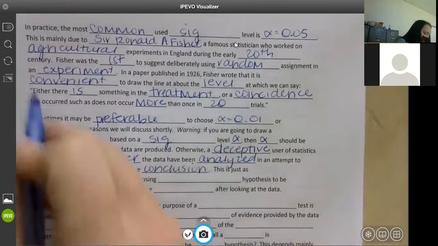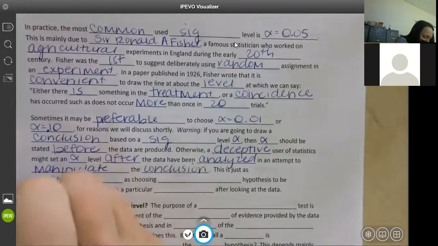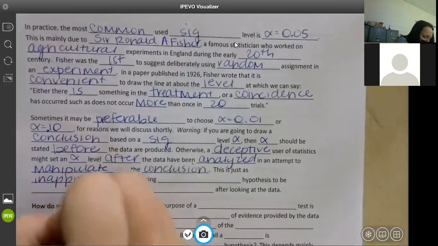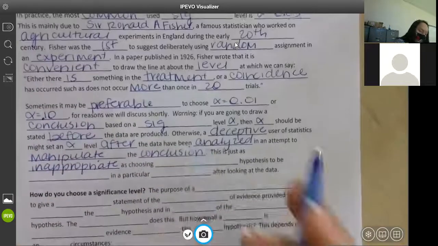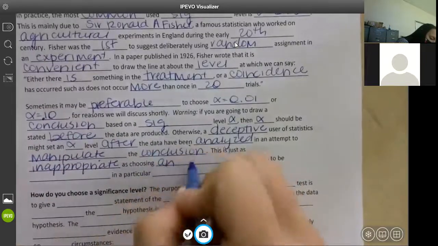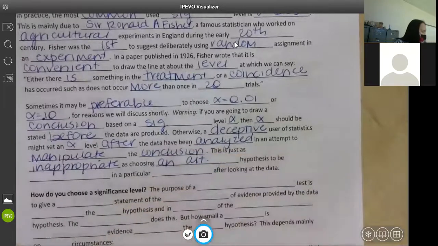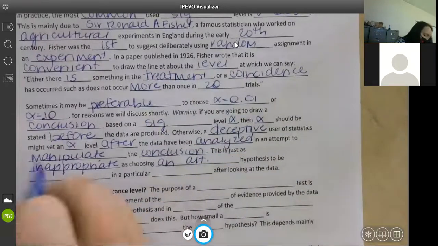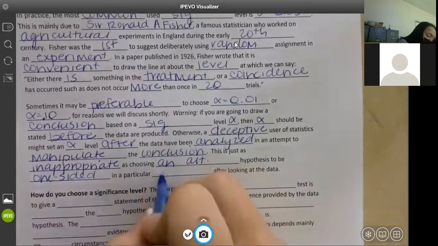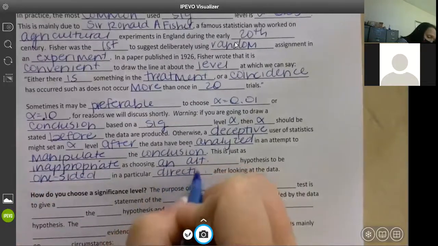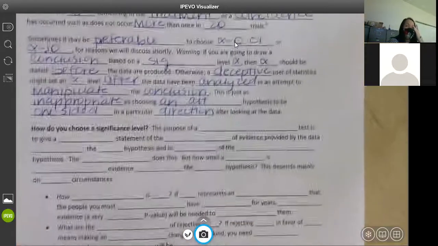This is just as inappropriate as choosing an alternative hypothesis to be one-sided in a particular direction after looking at the data.